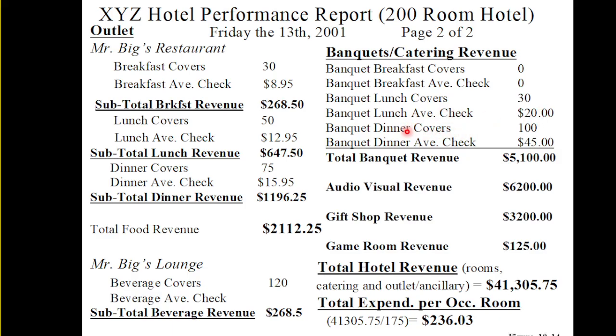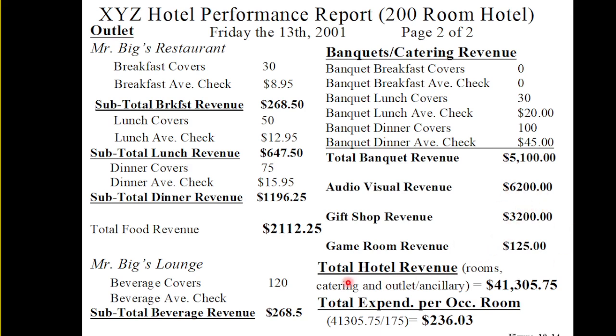Then for dinner, we have 100 heads, and the average check is $45 per head. So you just multiply 30 times 20, and 45 times 100, then add, which equals $5,100. Then for audiovisual, this is given. Gift shop, 3,200. Game room revenue is 125. These are given actually.